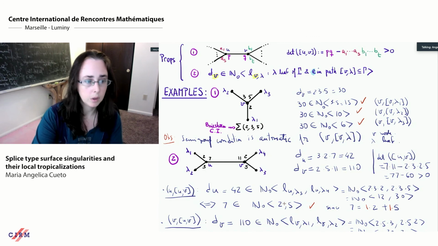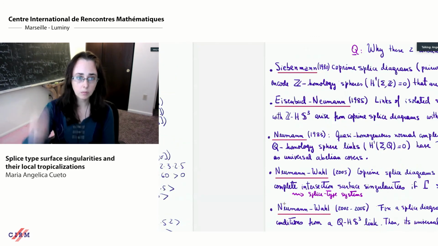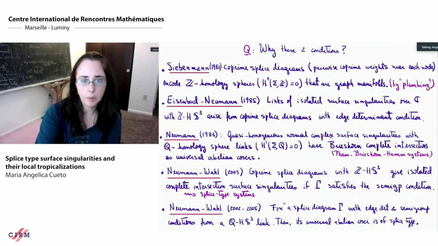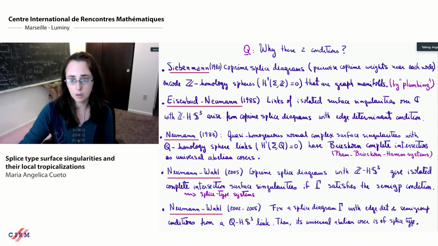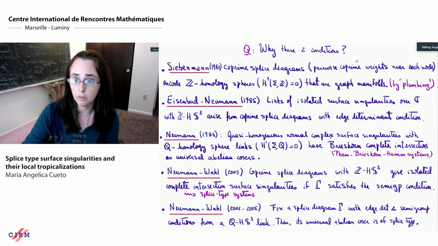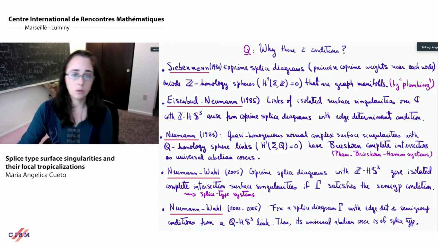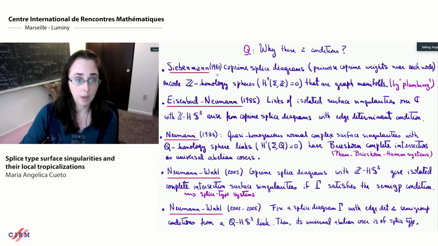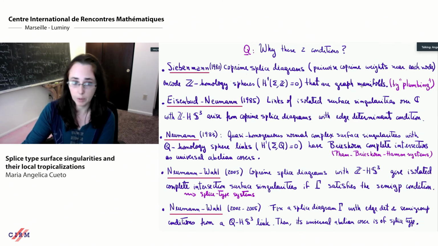Now I'm going to tell you a little bit of history of why these two conditions. So the first appearance of these splice diagrams was in the coprime setting. So that means that the weights that we consider around each node had to be pairwise coprime. So Siebenmann introduced them in 1980 to encode integer homology spheres that are graph manifolds, and their construction is via plumbing.